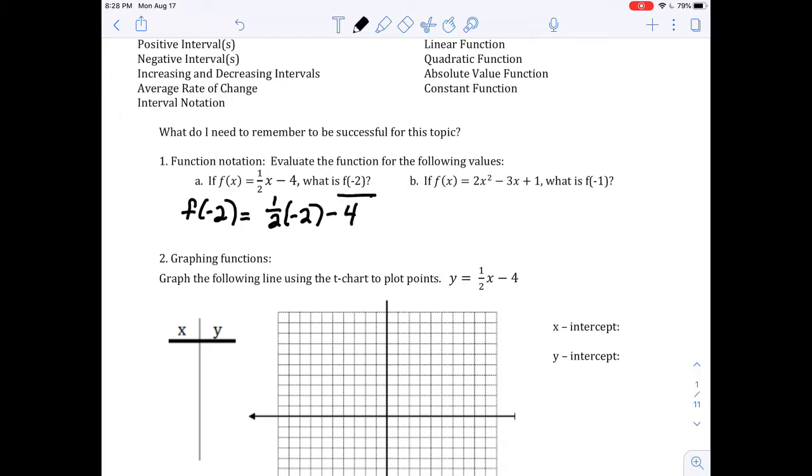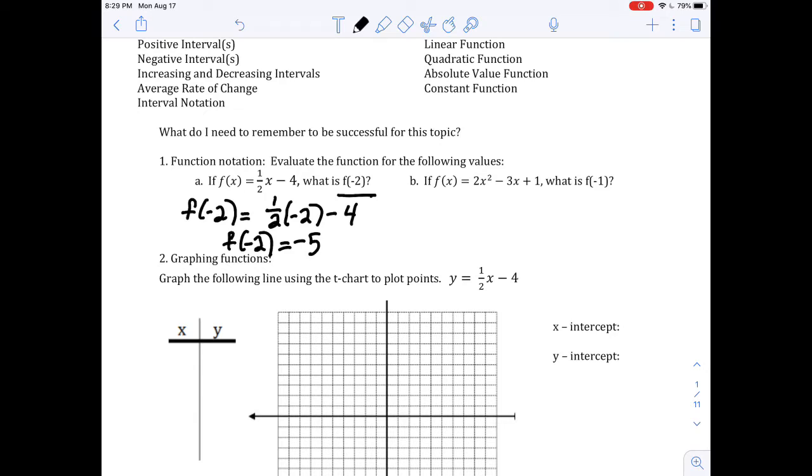Negative 1 subtract 4 is negative 5. So we would say f of negative 2 is negative 5. Negative 2 is the input to the function. Negative 5 is the output of the function. So we would say the function evaluated at negative 2 is the value negative 5.